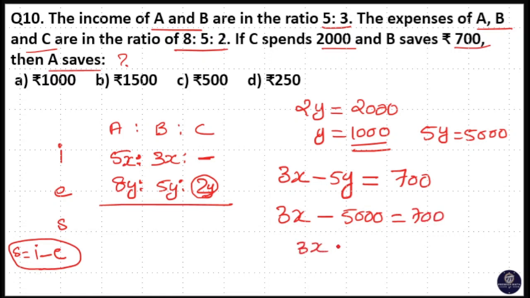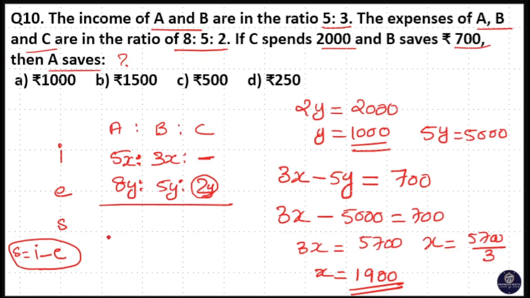That means 3x is equal to 5700 and x is equal to 5700 divided by 3. That means x is equal to 1900. That is the x value. Now we have to find savings of A.